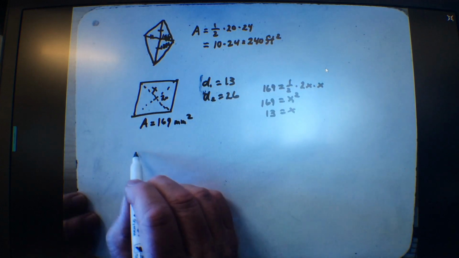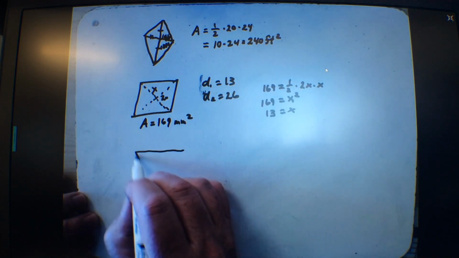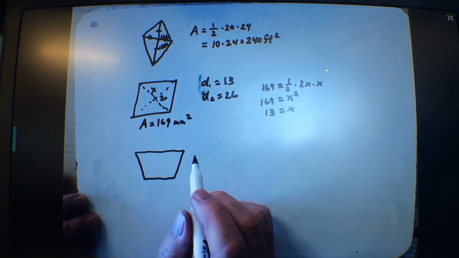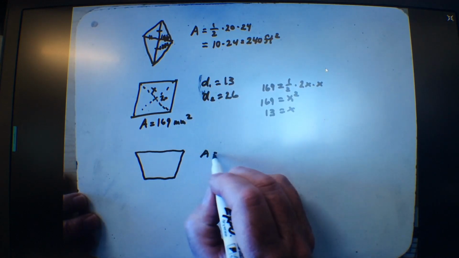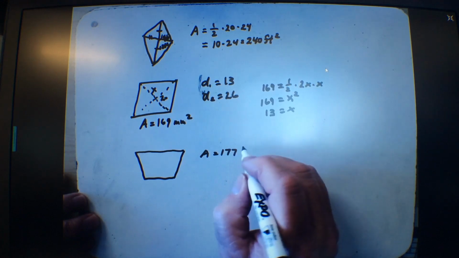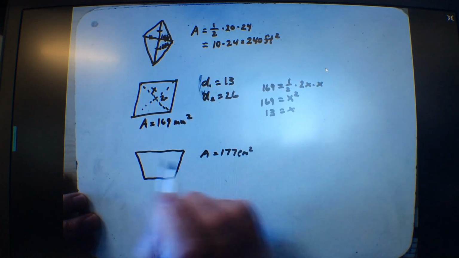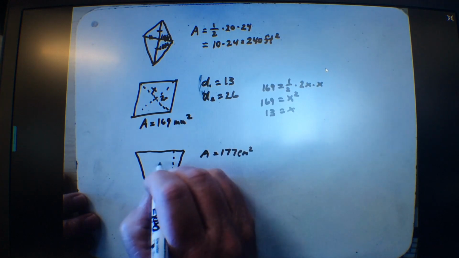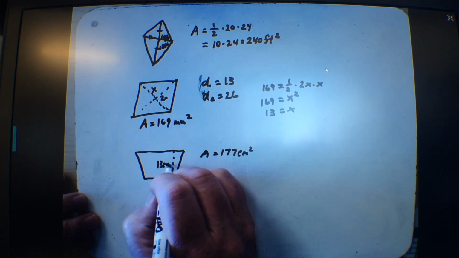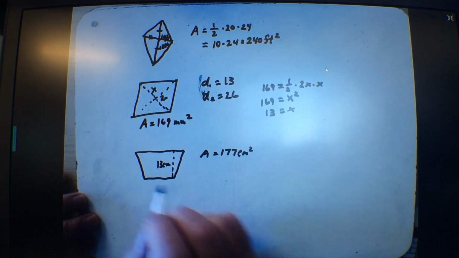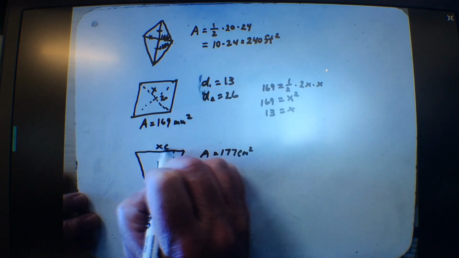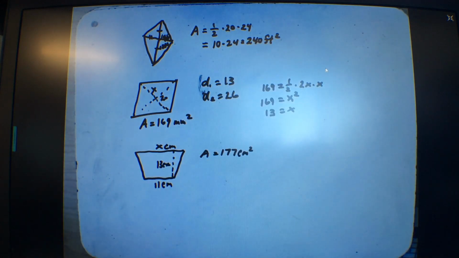What would happen if I went to a trapezoid? I told you that the area was 177 centimeters squared, and that the height, this height right here, was 13 centimeters. And this was 11 centimeters, and I don't know that one. How could I find that?